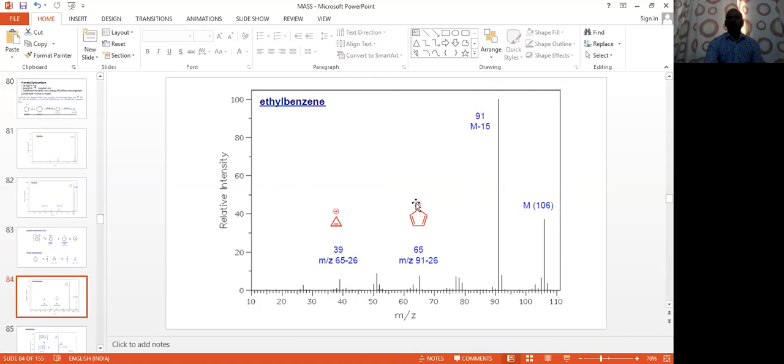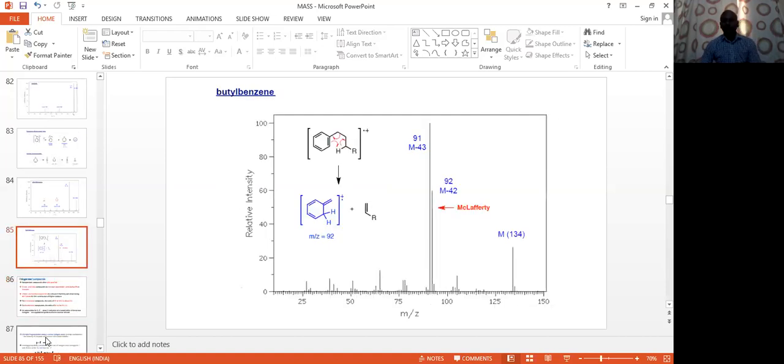Then M by Z value 65 is the loss of acetylene, M minus 26, and a further loss of another acetylene, 65 minus 26, gives the cyclopropylium ion. So this is how I account for that.